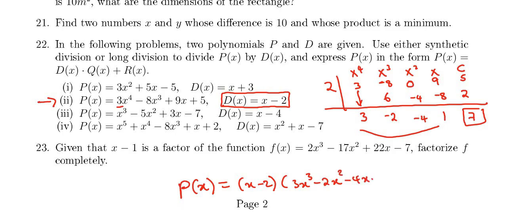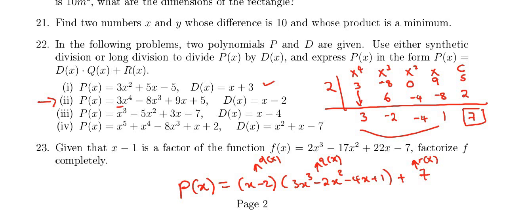Then plus the remainder, which is 7. This here is your divisor d of x, this is your q of x, and this is the r of x. So we've gotten the form that they wanted. That's how we handle such questions whenever the divisor is in a linear form. You can always use synthetic division.